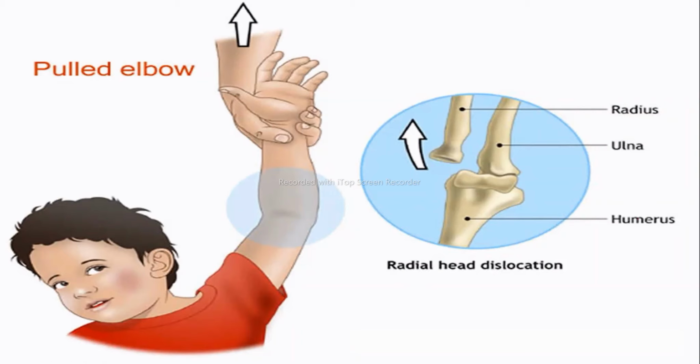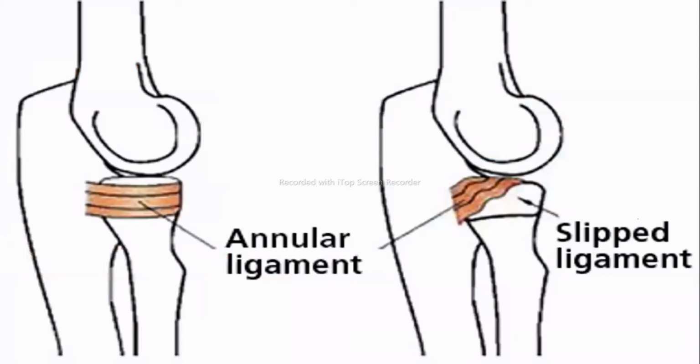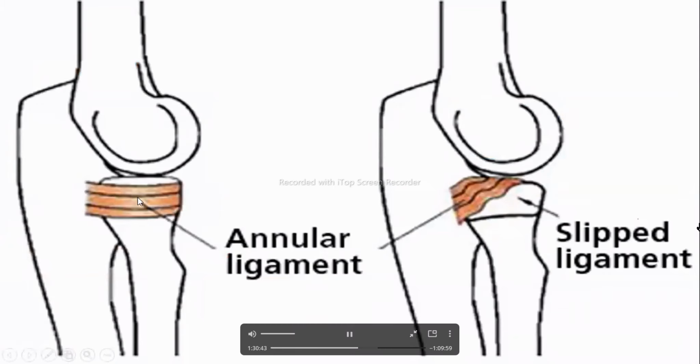They will not mention trauma in the scenario. They will say the parent is supporting the other hand, holding the baby and protecting him, for example, from the car. So it means it's a bald elbow. So here, which ligament? Annular. Yes, so here is the left annular ligament.